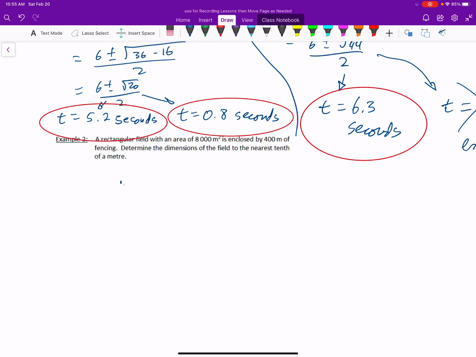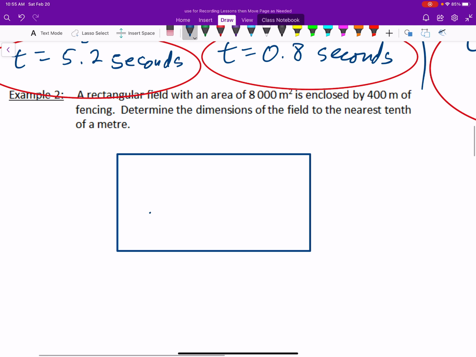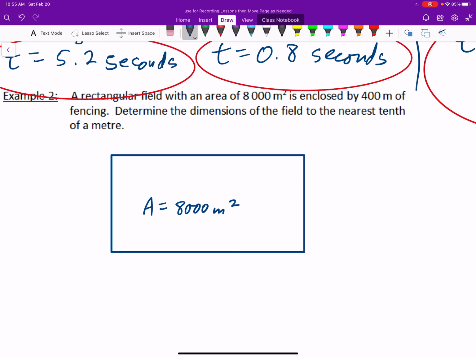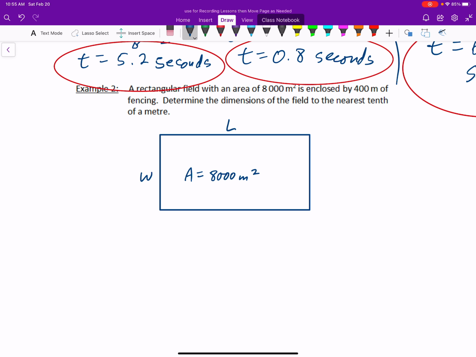So rectangle. Oops, that was supposed to be a rectangle, I thought. There we go. So what do we know about this field? We know the area is 8,000 square meters. We know that it has a length, although I probably call this side the length, and a width, and that the perimeter is 400 meters.